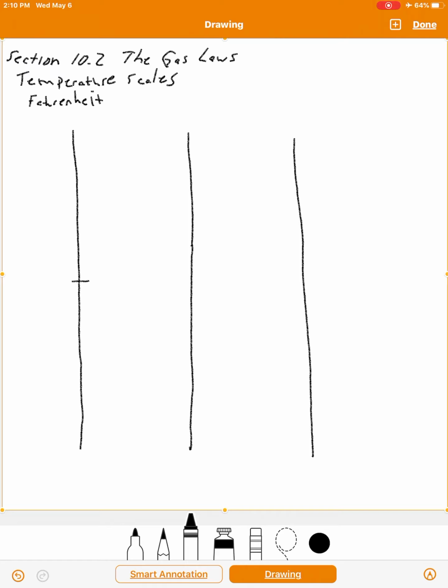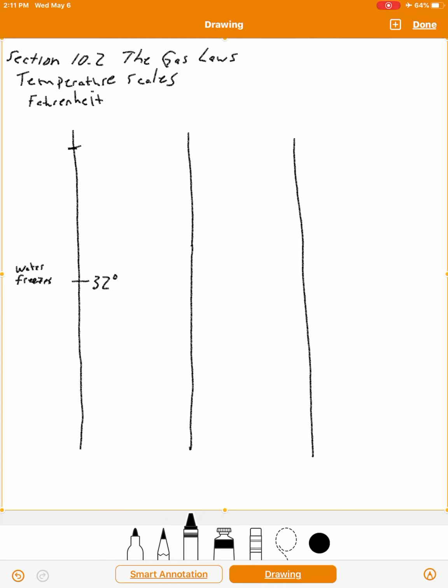The Fahrenheit temperature is based on certain relationships. So one fact is that water freezes at 32 degrees Fahrenheit, right? So that's where water freezes. And then water boils. Do you know what the answer to that question is?